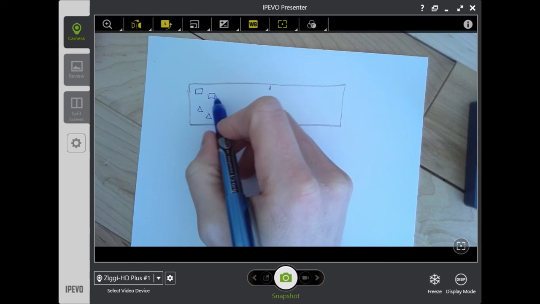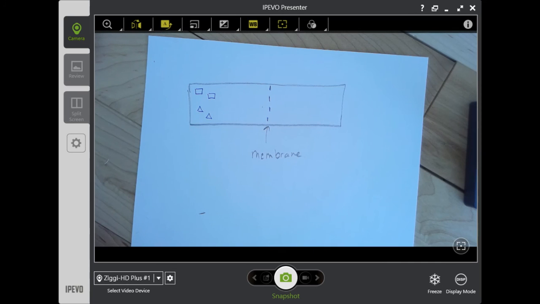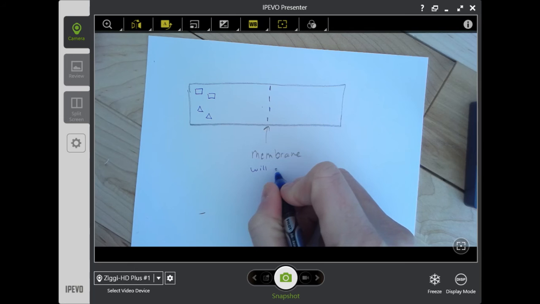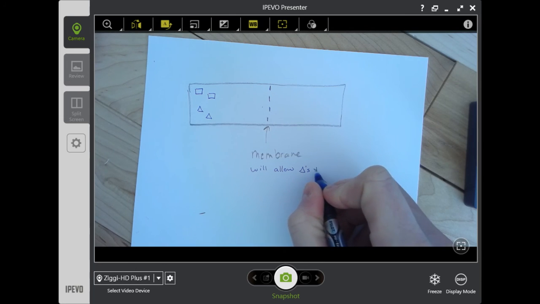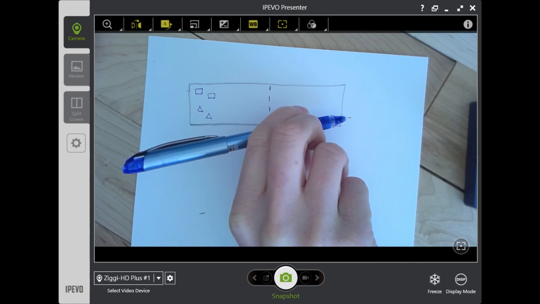Same thing as the food coloring. We know that they're going to spread out. But let's say that the membrane will allow triangles through.